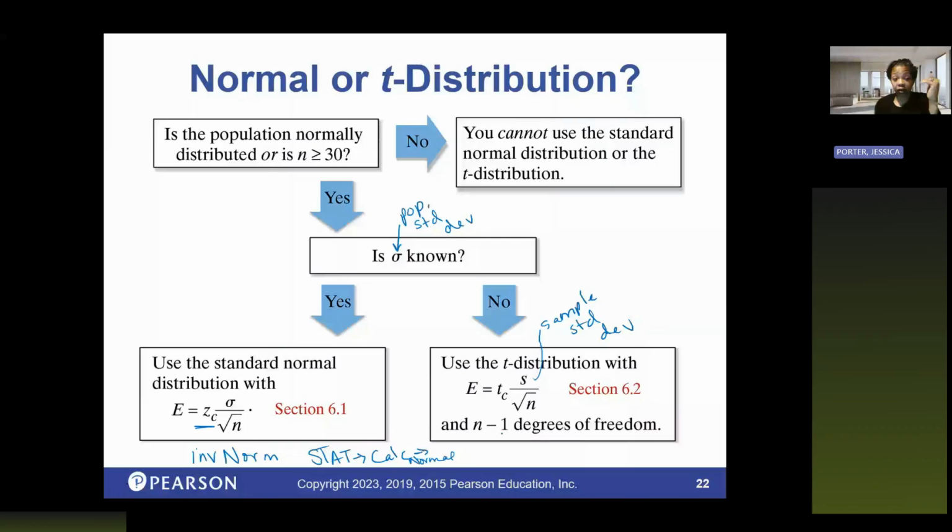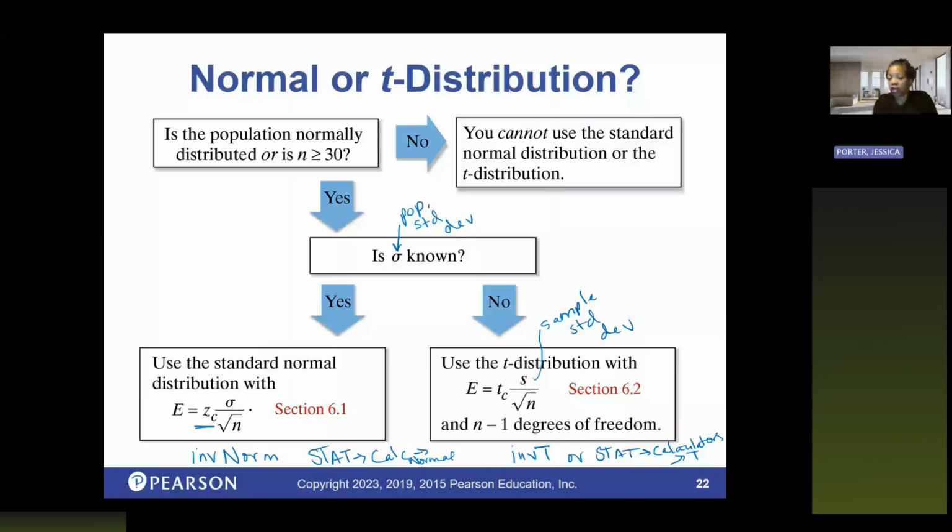In the T distribution, if the population standard deviation is not known, for the T critical, we use inverse T in the calculator, or in StatCrunch, we use Stat, Calculators, and T. Okay.